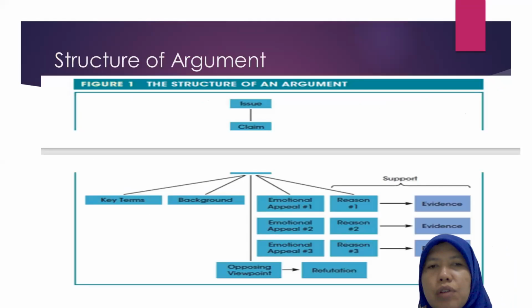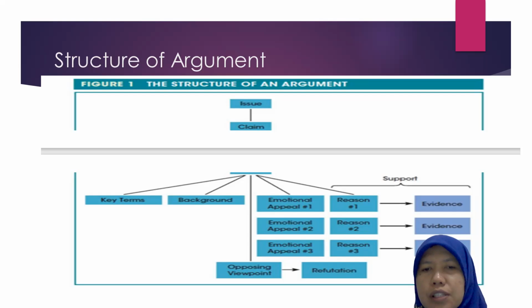To talk about an argument, we should know the structure of an argument. From the chart here, there should be an issue, and after that, we should know the claim. Under the claim, there are key terms, background, emotion, and reaction.